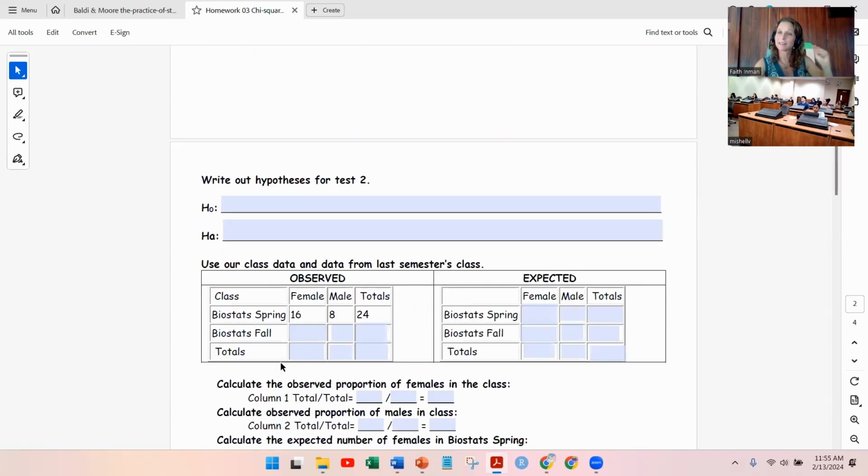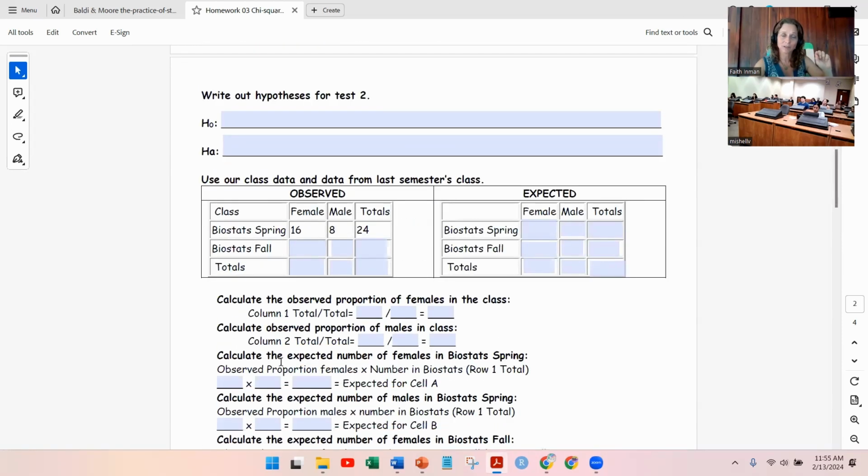For test two, it's a little bit more involved. Again, you write out the hypotheses, and here you have the observed for spring semester, last semester, and you will put in the same numbers of observed female and male for fall semester and your total, and you'll add up all your totals here.